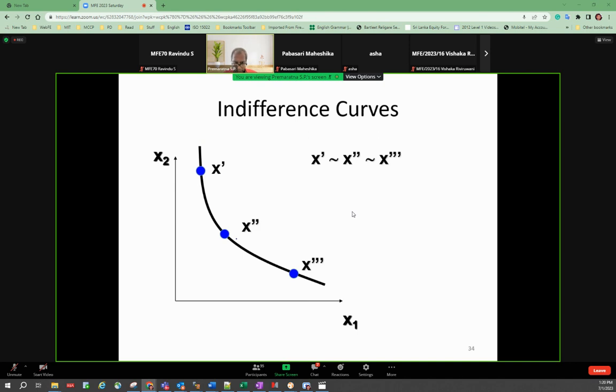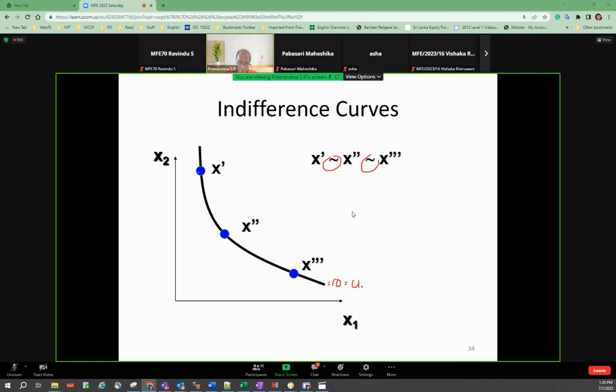It's one indifference curve along these three baskets, X1, X2, X3. Same preference, same satisfaction. For example, 10 units of satisfaction or utility the consumer gains. So you can see the symbol expresses indifference.